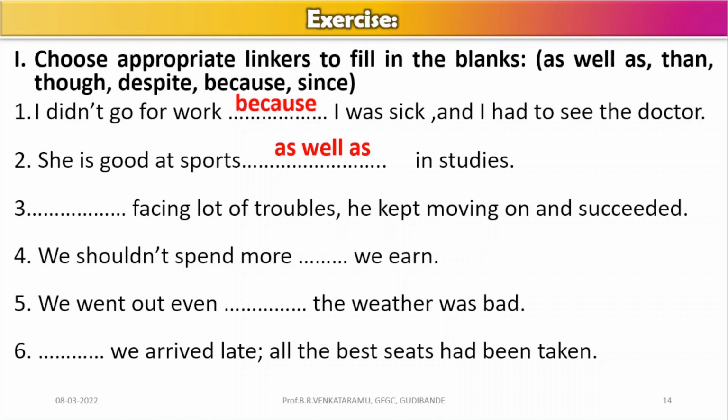The third sentence is, facing a lot of troubles, he kept moving on and succeeded. For this blank, you can use the word despite. The fourth sentence, we should not spend more, blank, we earn. For this, than is the correct linker. The fifth one is, we went out even, blank, the weather was bad. For this sentence, you can use the word though.